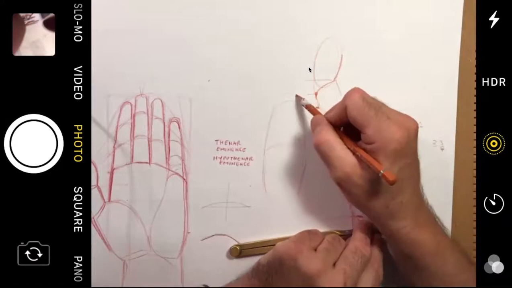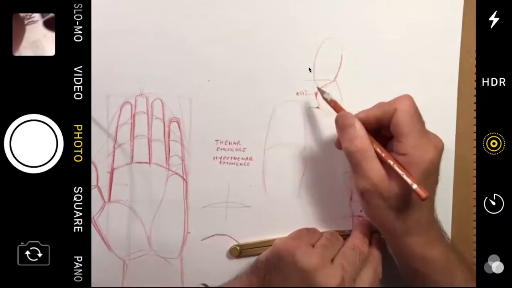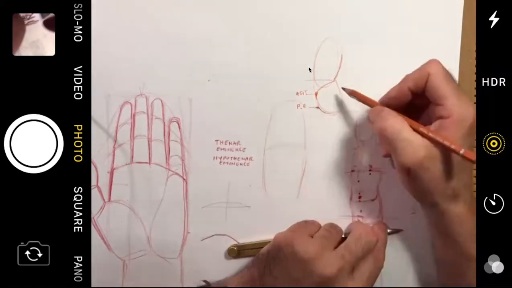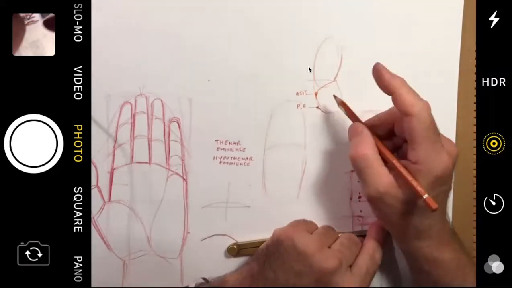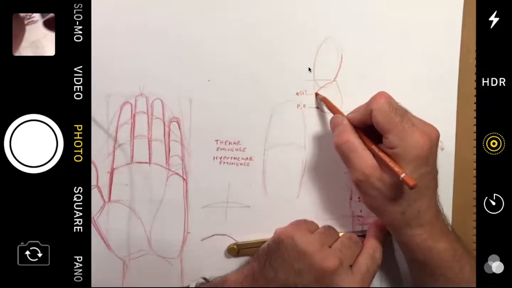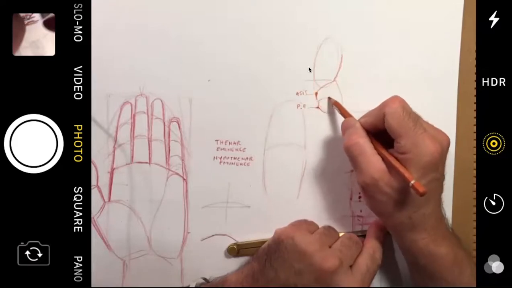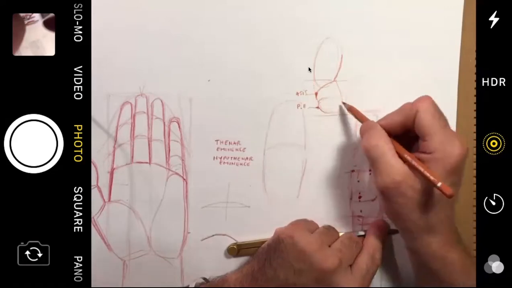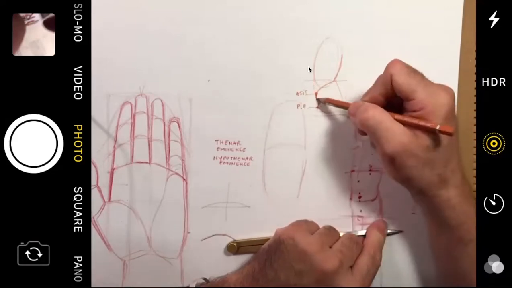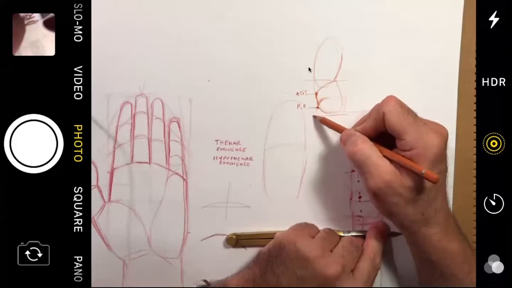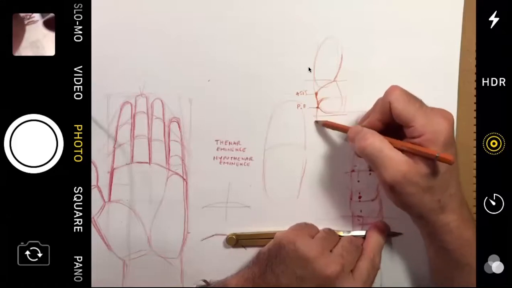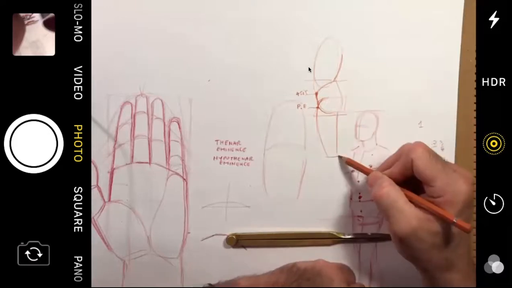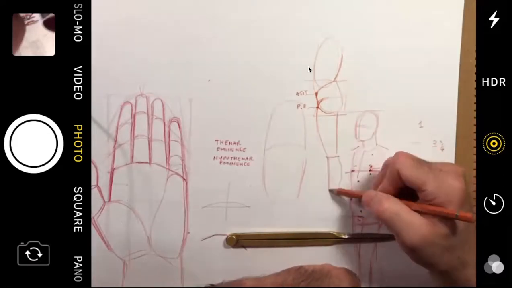The leg will start about halfway between the anterior superior spine and the pubic bone, or halfway the height of the pelvis right here. The genitals are going to be at this level, and the legs start down like this. That's the knee, the lower leg, and the foot.